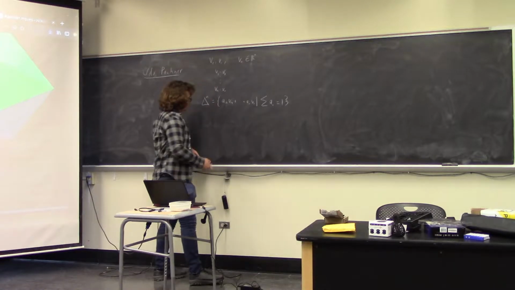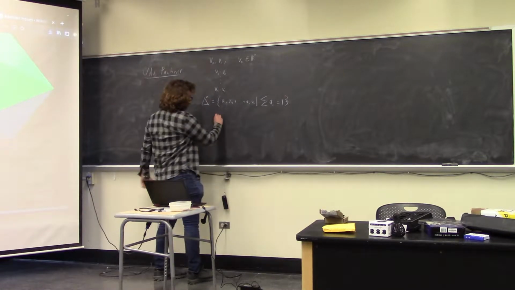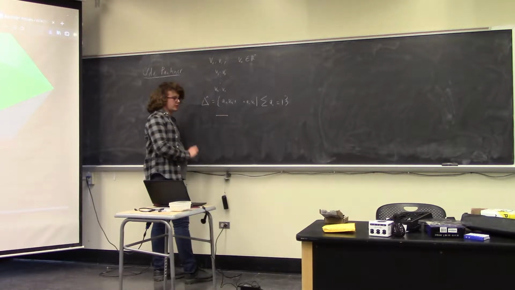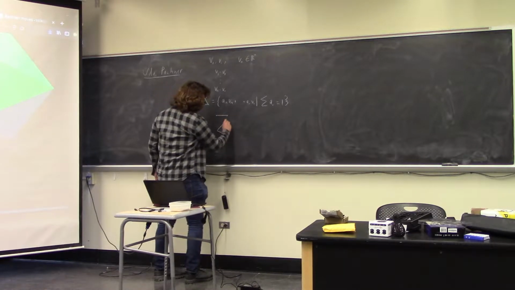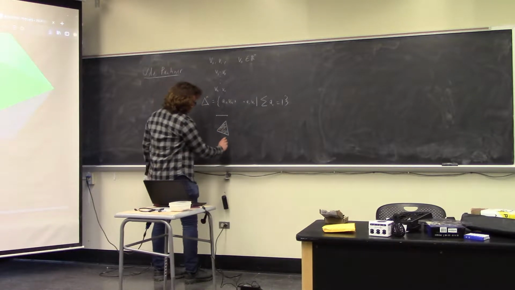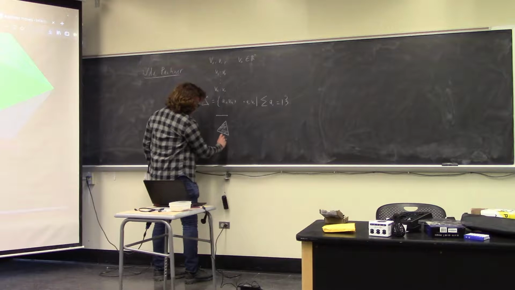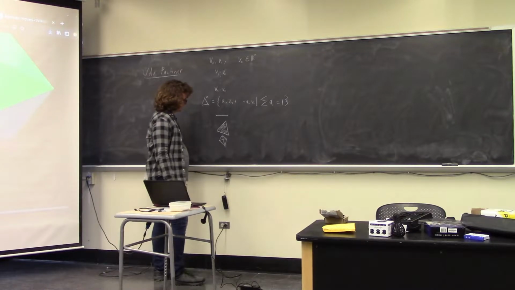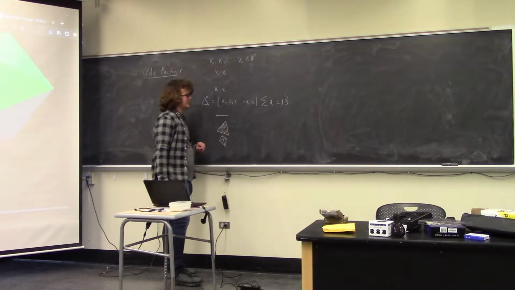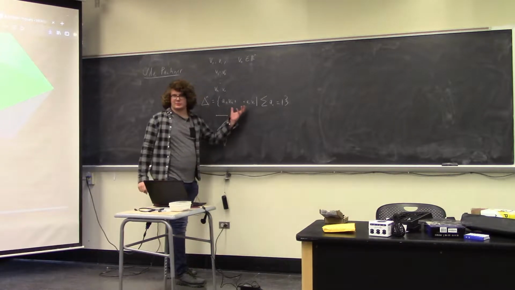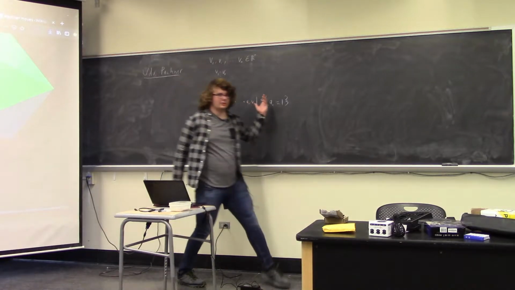So just to draw some pictures, in 1 dimension, our 1-simplex is just a line segment. In 2 dimensions, our 2-simplex is a filled-in triangle. And in 3 dimensions, we have a tetrahedron. I'll draw bigger, better pictures soon. Does anyone have questions about what a simplex is?